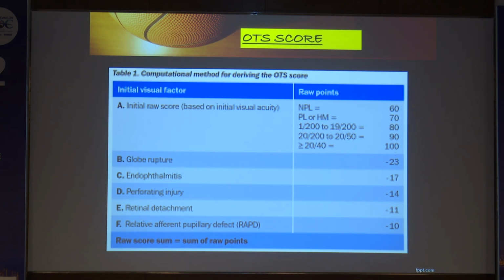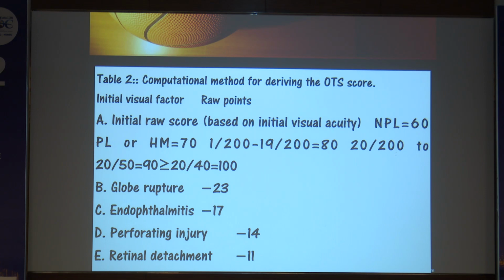So a raw score sum is the sum of raw points, which gives you the status of what the visual outcome would be in these people after the repair is done. So you can prognosticate these kinds of things. This is the same thing shown in clearer handwriting.